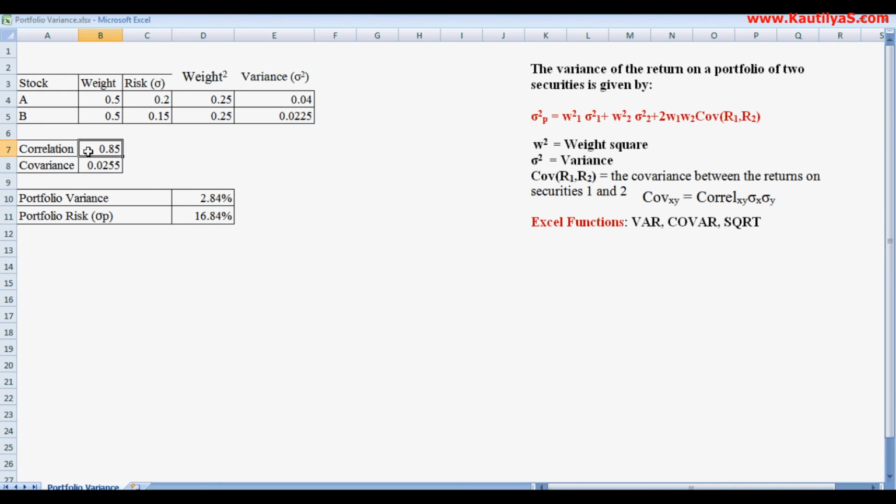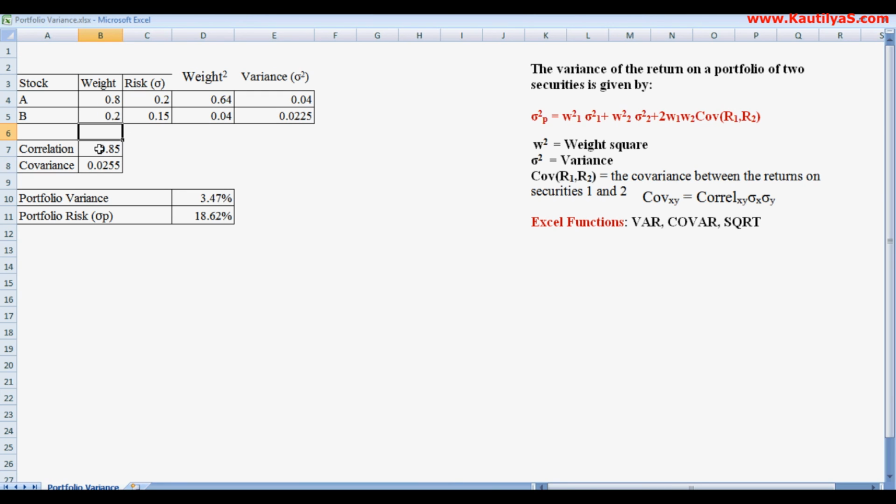Similarly, when the correlation between stocks varies, say we invest 80% in a high risk stock and 20% in a low risk stock. So our overall risk is 18.62%.